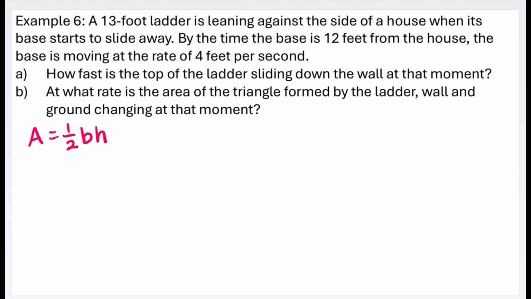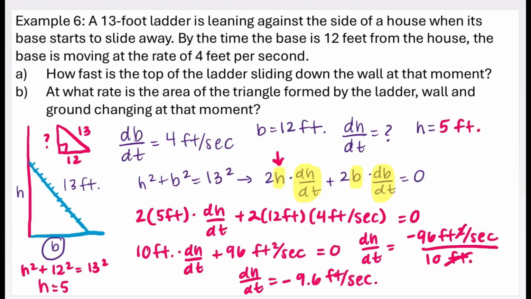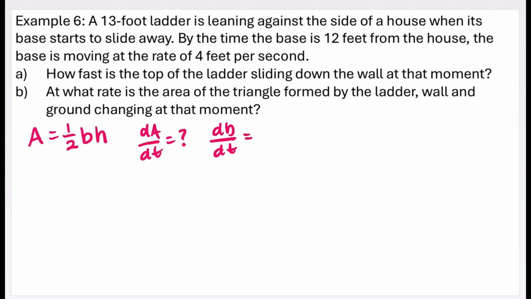And I'm going to go ahead and see what I know already. So I know that dA over dt is what I'm trying to find. I don't know that. I know dB over dt. That was 4 feet per second. I now know dH over dt.